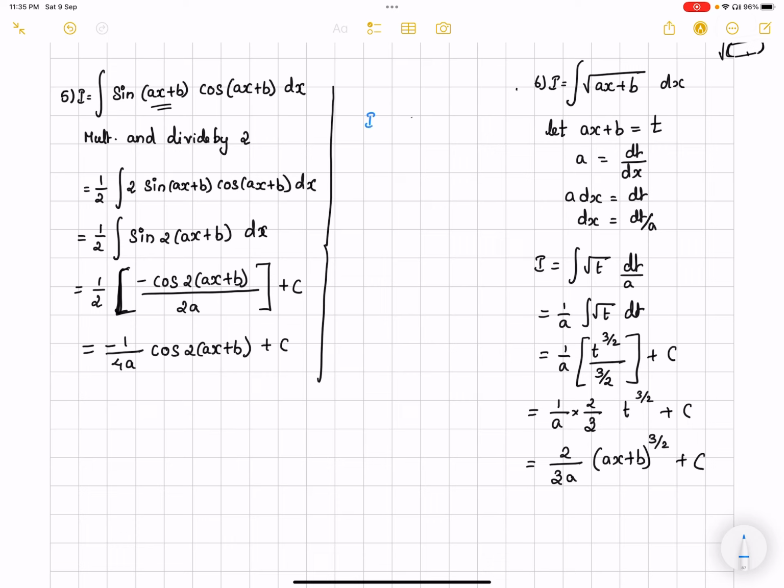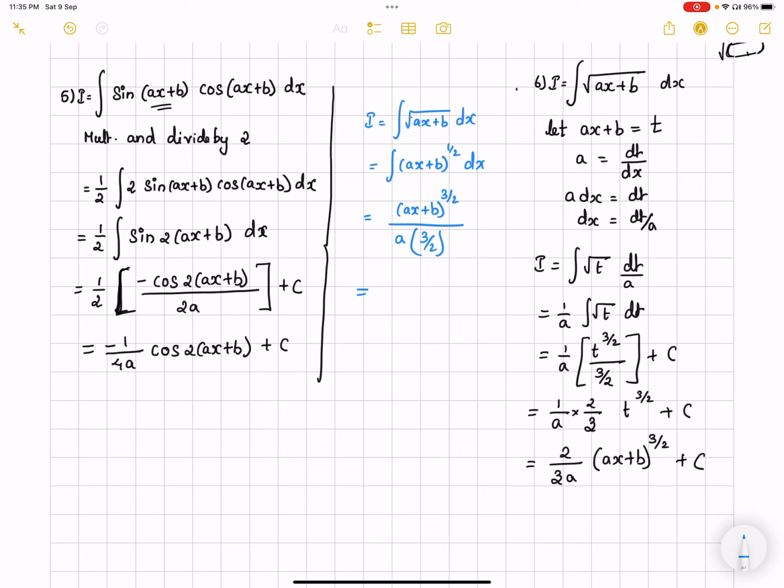So I have I is equal to integral root of ax plus b dx. So now it's in the linear format, the inside one which you have. So it is nothing but integral ax plus b whole to the power 1 by 2 dx. So now in this case, we can do it directly like ax plus b whole to the power 3 by 2 divided by 3 by 2 into a, right?